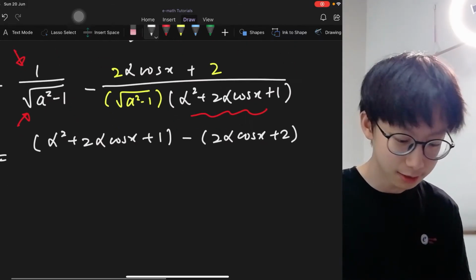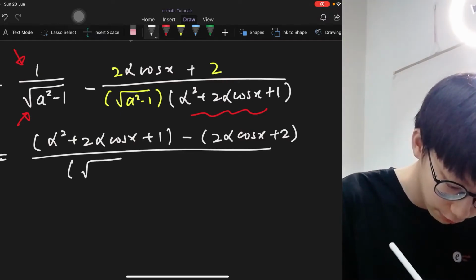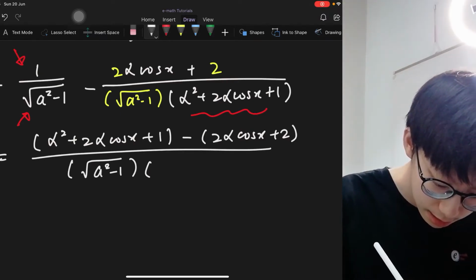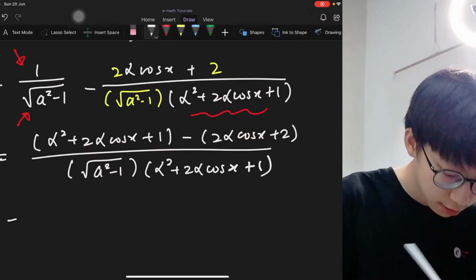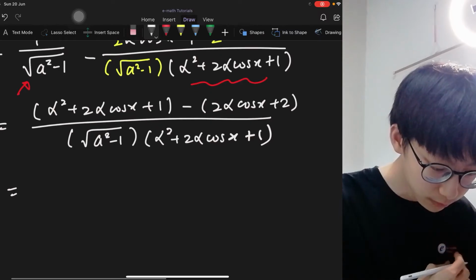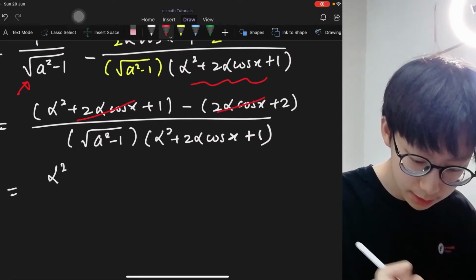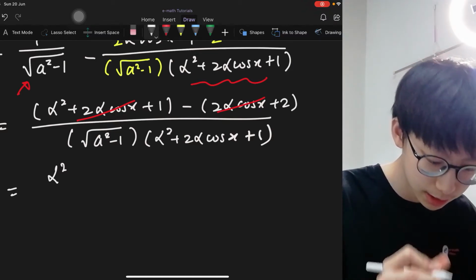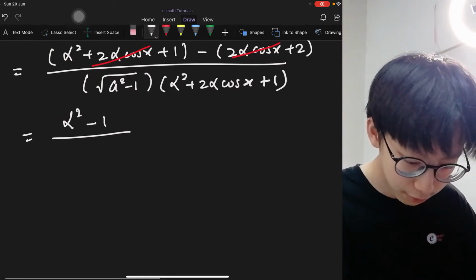And as you can see, we can clean up a lot of things there. At the bottom is just square root of a squared minus 1 times alpha squared plus 2 alpha cos x plus 1. Clean up the stuff. Alpha square is still alpha square. This and that can cancel. 1 minus 2 is minus 1. See, we are doing good, right? It's looking very nice.